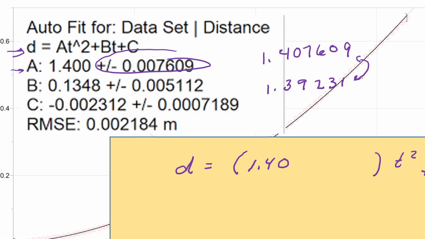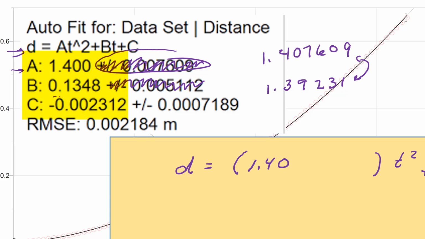We're not going to worry about that right now. In fact, we're not going to worry about that at all in this course. So those pluses and minuses are just telling us how accurate the statistics that graphical analysis does tells us those numbers are. So we're just going to use the 1.40. We're going to round it to 2 decimal places.